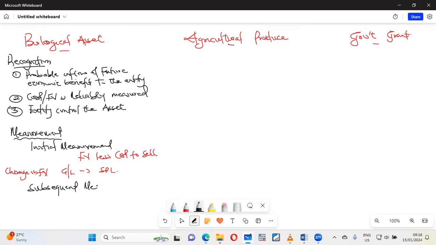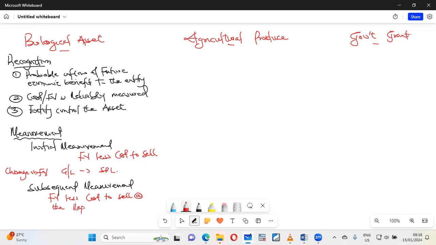So in the subsequent measurement, you will have to look for the fair value at the reporting date in the question, and you will fair value it. So you keep it at the fair value, all right, less cost to sell, at the reporting date. Very, very important.